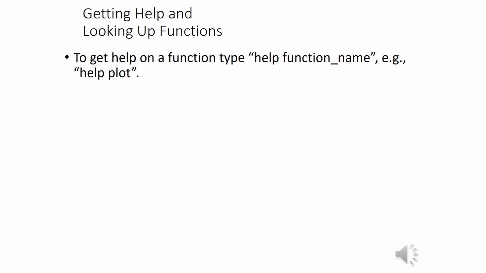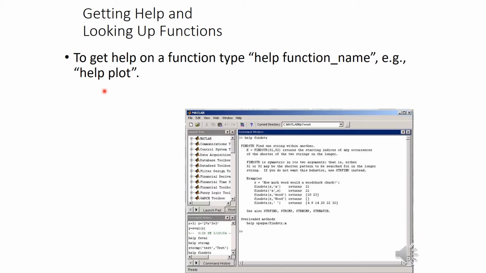You type these commands in the command window. For example, if you want to get some help on plot, then you will write help plot. This will open help for the plot.